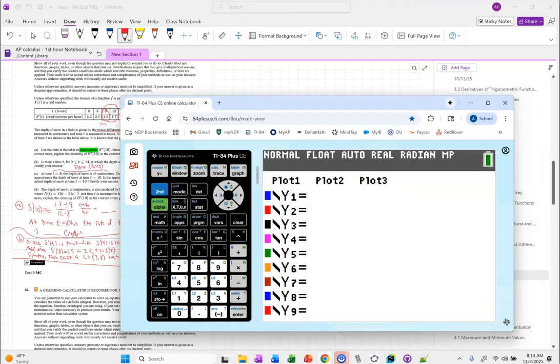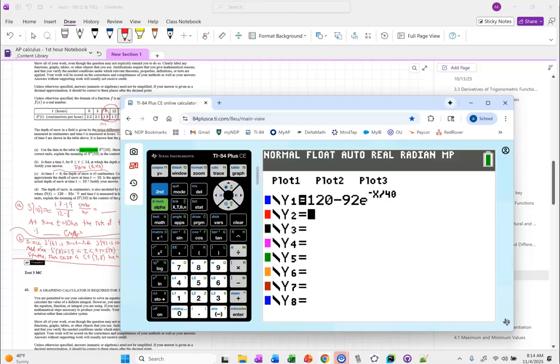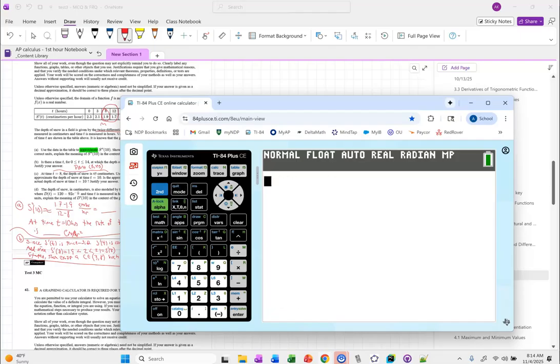Okay, so inside y equals 120 minus 92 sec e to the negative x divided by 40. You could also do this in the main screen, but if you have to do anything else with that function, which I guess we don't in this problem, I always just type it into y1.